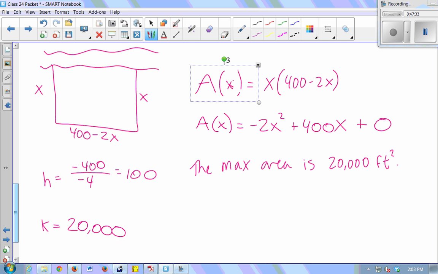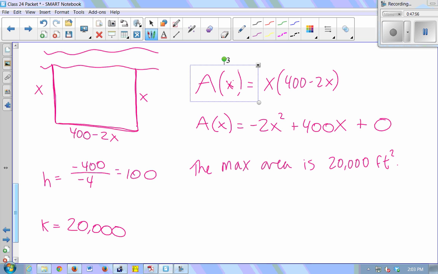How does he get that maximum area? Should he build the corral 100 by 300? Yeah, how'd you figure that out? 100 is an x coordinate, and x is representing this distance. So if this is 100 and 100, then this would have to be 200, actually.